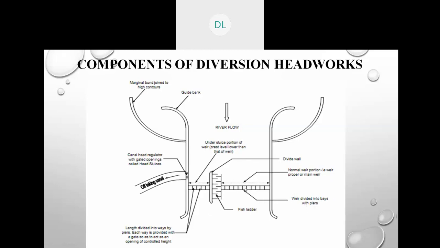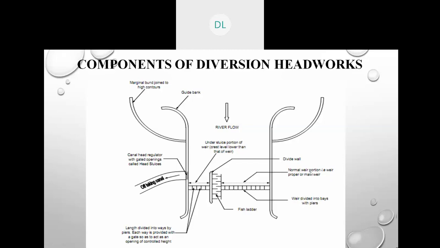Piers are like those of a bridge over a river: we construct piers and then construct a deck on top, so that traffic can cross the river smoothly. Likewise here also the structure is divided. See, the 800 meters are divided into 14 bays. This is not a single type of construction, so it is divided into bays with piers, but it is a continuous structure.